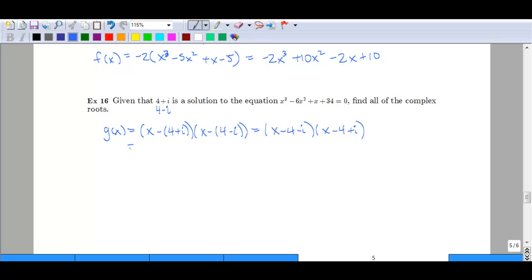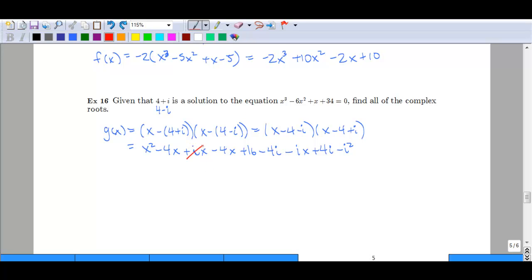Again, we're going to expand here, so we end up with an x squared, a minus 4x, and a plus ix. When we distribute the negative 4, we get a minus 4x, a plus 16, and a minus 4i. And then finally, when we distribute the negative i, we get a minus ix, a plus 4i, and a minus i squared.